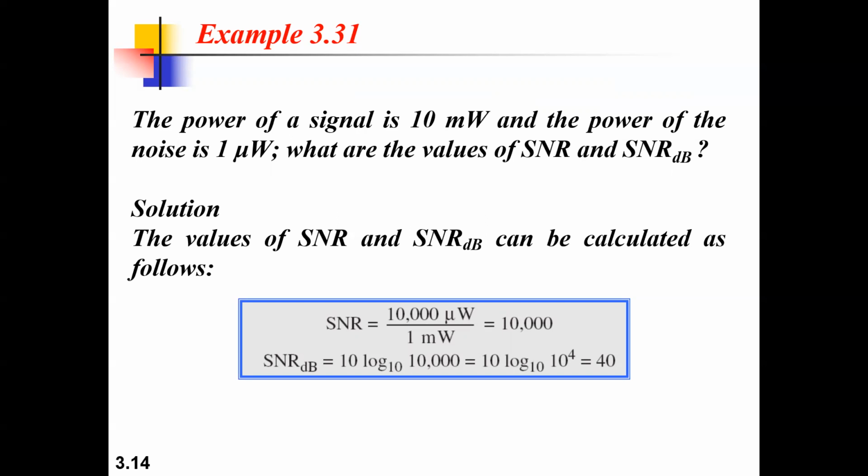But SNR dB can also be calculated using another formula. The two formulas are given here. So SNR is basically the average signal power divided by average noise power. So let's just do SNR in this case. So 10 milliwatts and the noise is 1 microwatt.